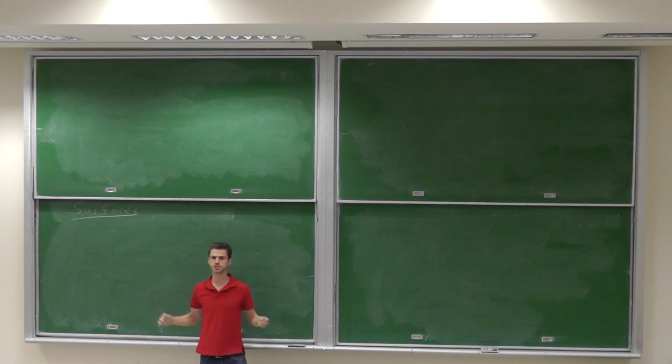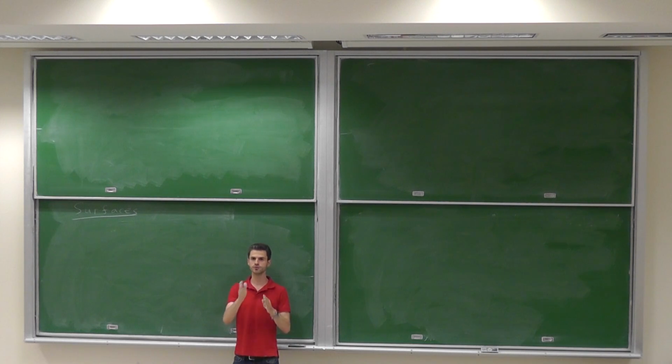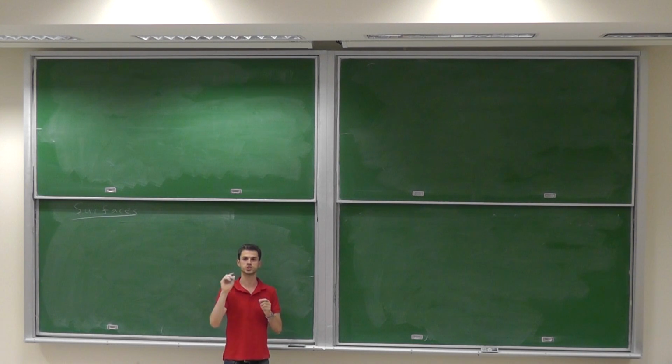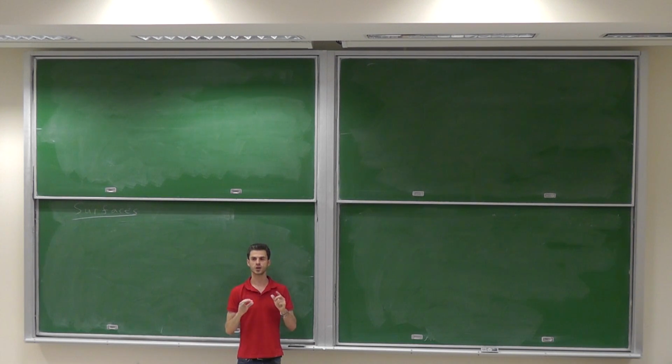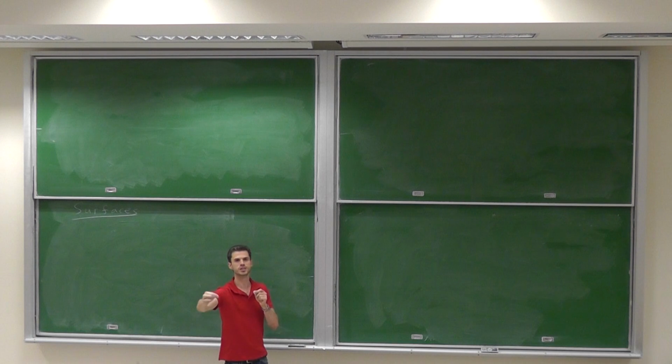When I plug in x equal to 5, I get some equation about just the y and z coordinates. In this plane, I have some dependence between y and z, and I will hopefully be able to sketch this. Now I'll have a section of my surface on this plane.